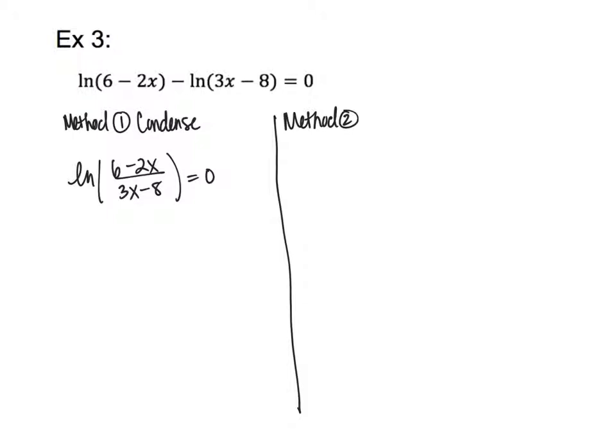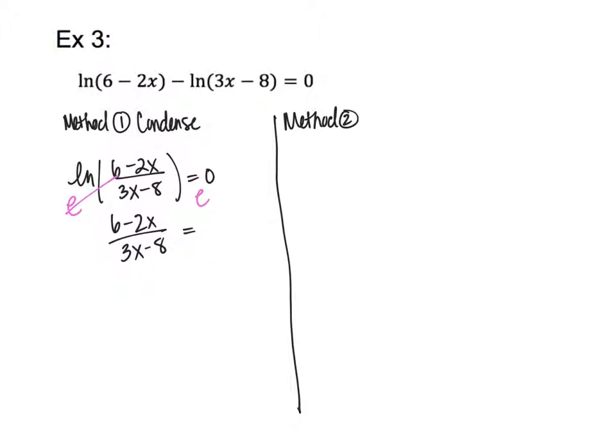This goes back to the idea that all the x's are inside and I've got to get them out. How do I get rid of this ln that's in my way? The inverse of ln is e. To get rid of ln, we e it, or we exponentiate it, and that cancels out the ln.